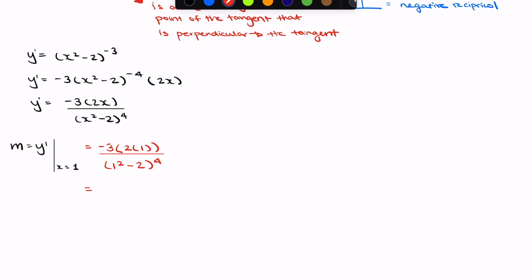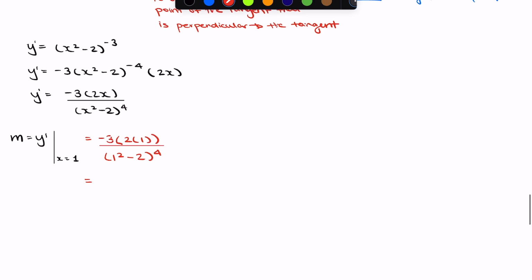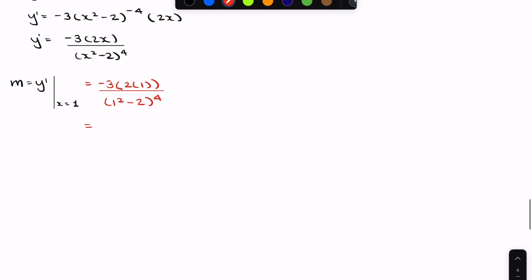So here we have -3 times 2, which is -6, over (1 minus 2) to the power of 4, which will give us 1. So here it's -6 over 1.